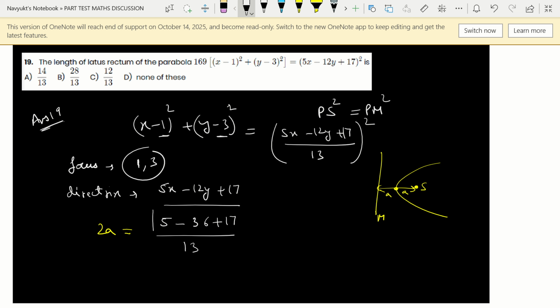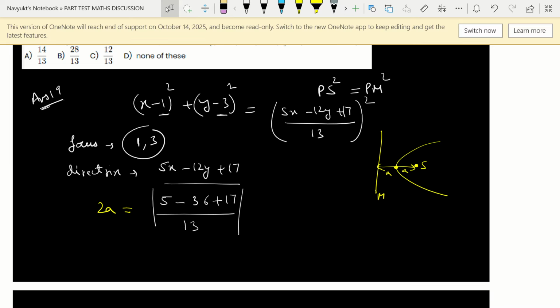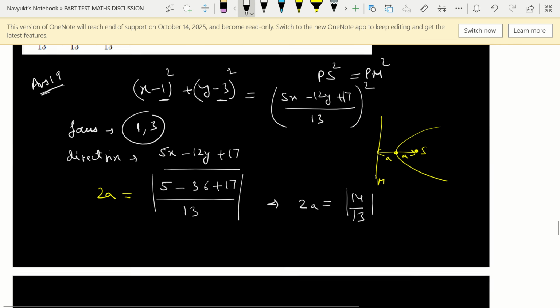We just solved it. Clear? So that is our 2a value. How much will we get? We'll get our 2a value being 14 by 13, with the mod.